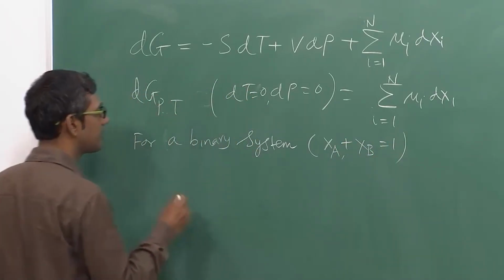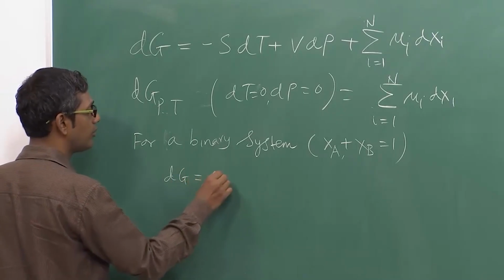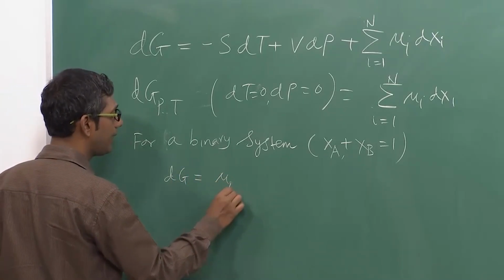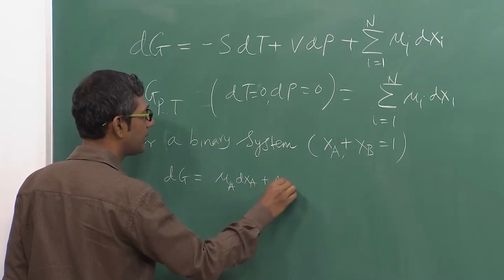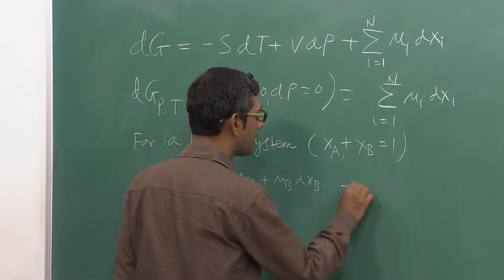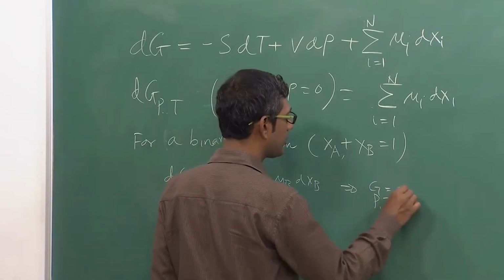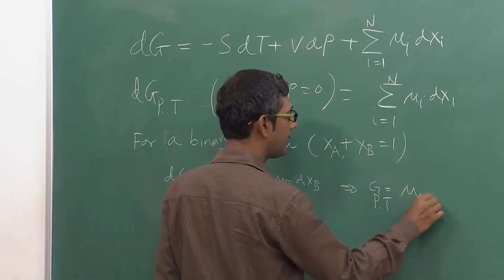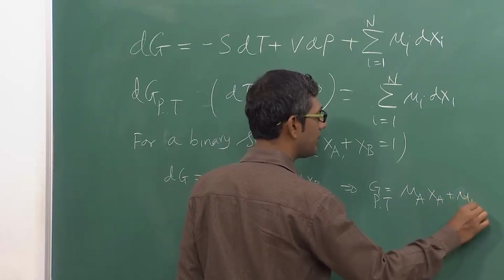So in a binary system we can write dG equal to mu A dxa plus mu B dxb, and integrating this we can easily get G at constant temperature and pressure equal to mu A xa plus mu B xb.